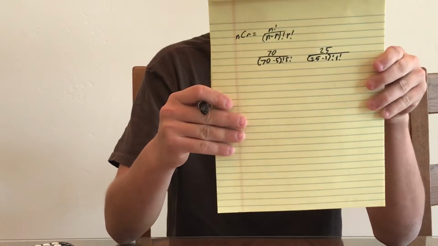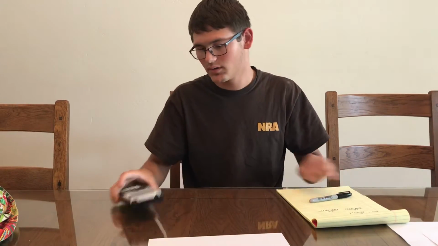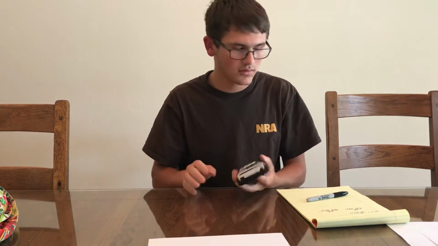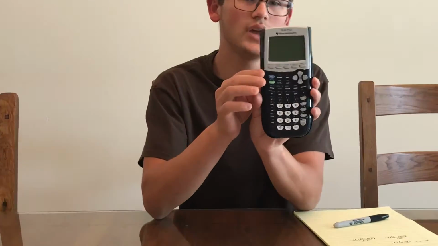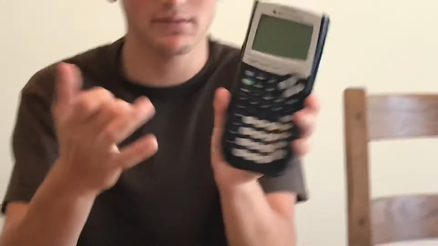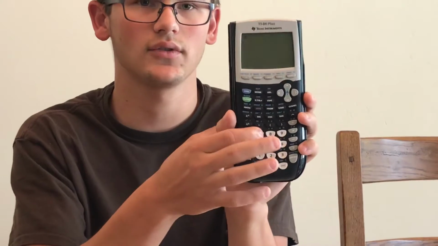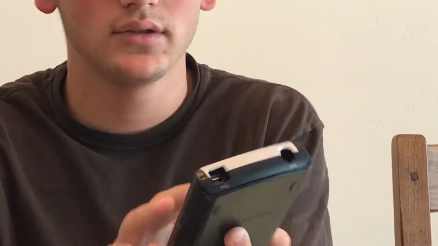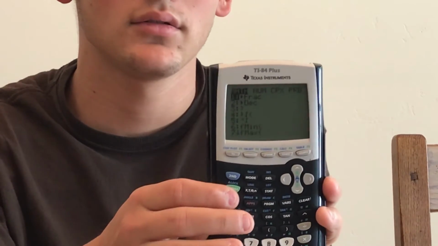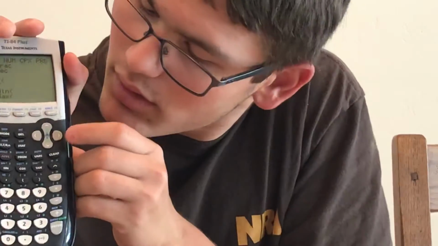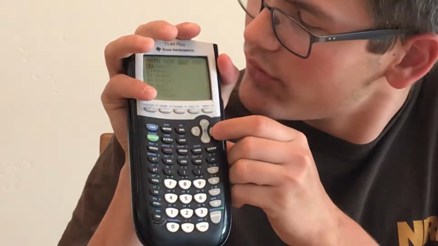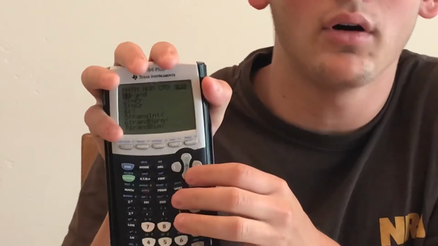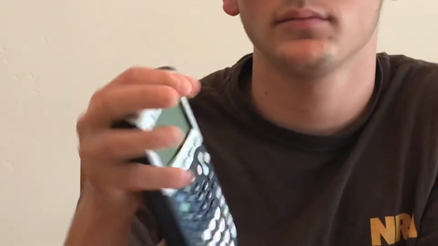Now, the way we can do this through the calculator, unless you wanted to do it by hand, is this. So what you do is you take your calculator and you put in the first number, which is 70, which is the number you're going to use. So 7, 0. Then you go to math, and you go all the way over to probability and all the way down to nCr.